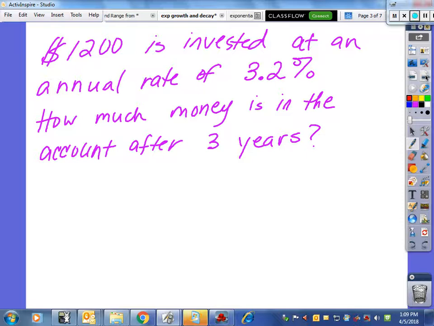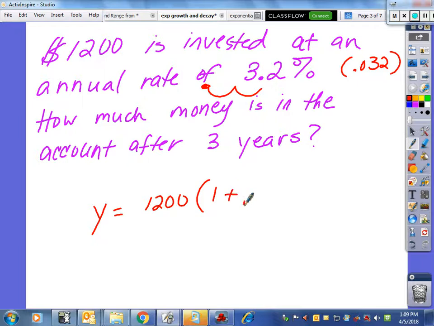No, it's not 0.32. You got to move the decimal twice. So 3.2% is the same thing as 0.032. So when we set up our equation, y equals 1,200, parentheses, 1 plus 0.032 raised to the third power.